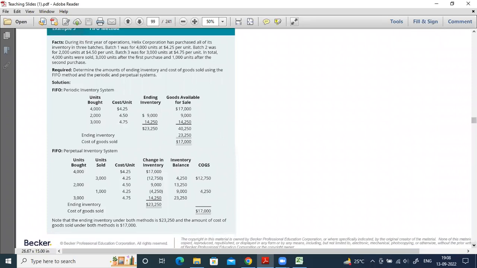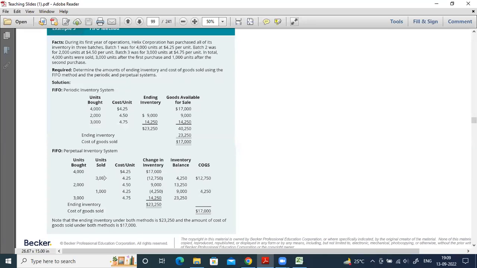Now the actual one, that is the perpetual inventory system. Here you need to apply your first in first out method. First you purchase 4,000 units at the rate of 4.25, so the inventory is 17,000. And immediately they mentioned 4,000 units were sold, 3,000 units after the first purchase. What is our first purchase? 4,000 units.